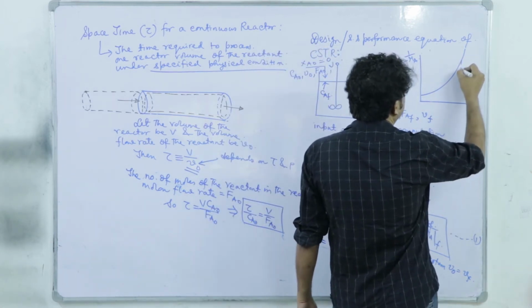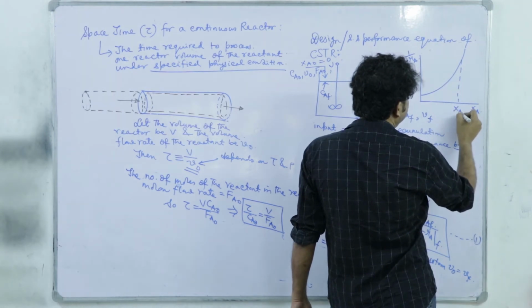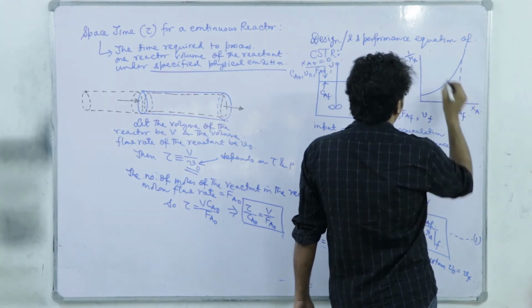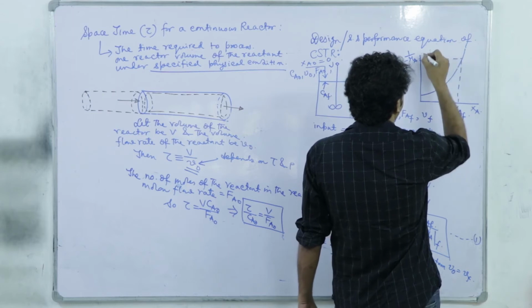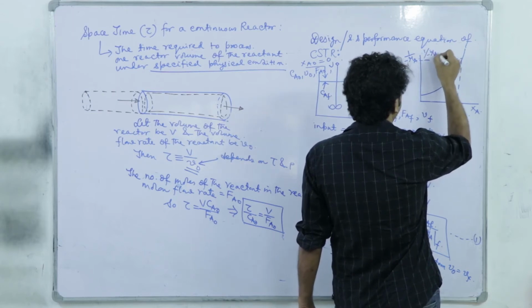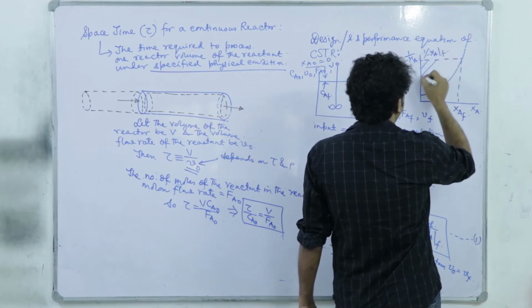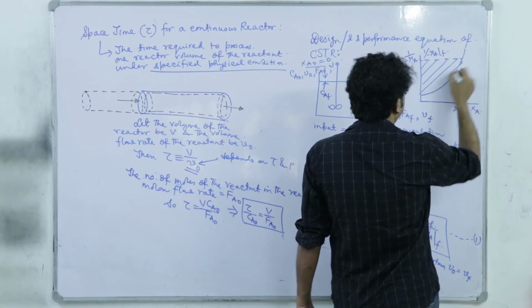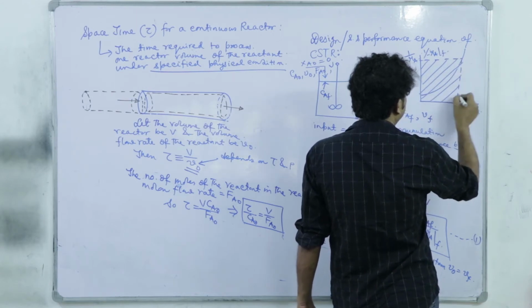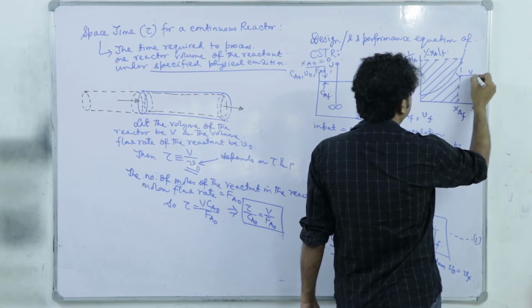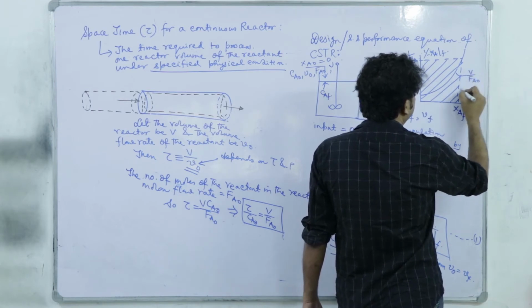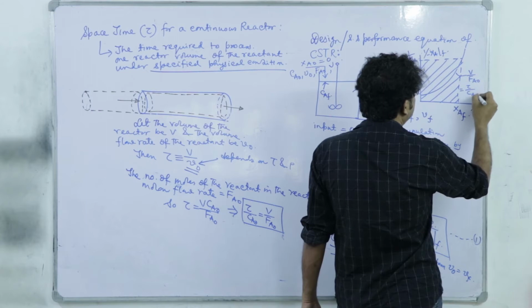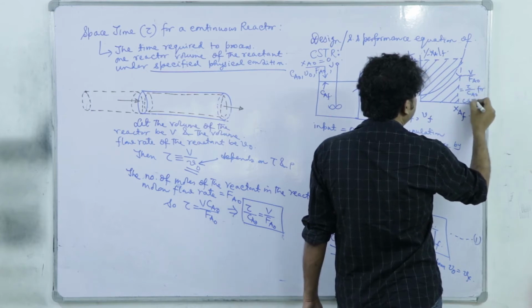So if I label this as XAF, and this will be 1 by minus Ra at F, this rectangular area is basically V by Fa naught, which is tau by Ca naught for CSTR.